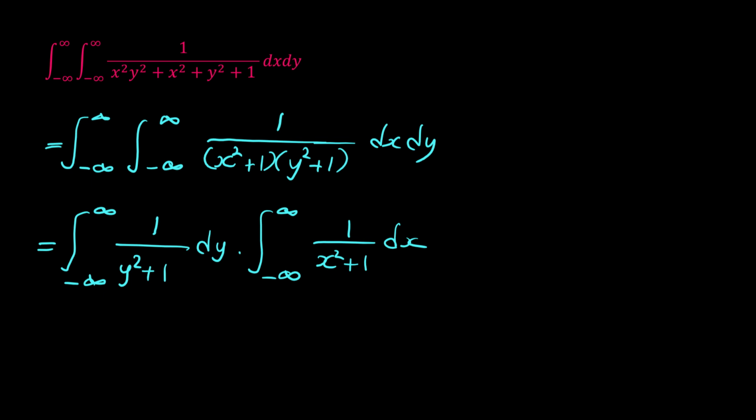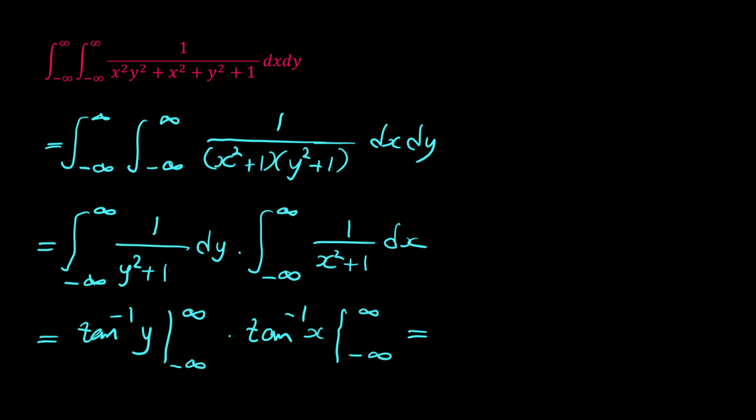Based on integral formulas, the integral of 1 over y squared plus 1 is tangent inverse of y from negative infinity to infinity. And the other integral is tangent inverse of x from negative infinity to infinity. Again, I have to mention, this is not the proper way for finding improper integrals.